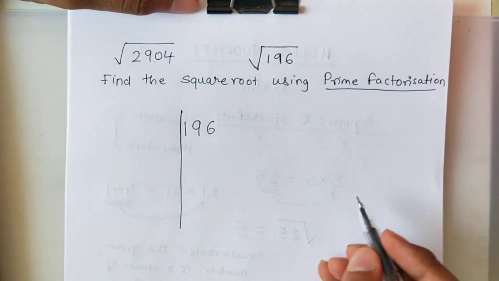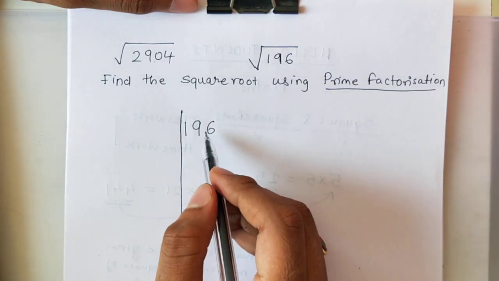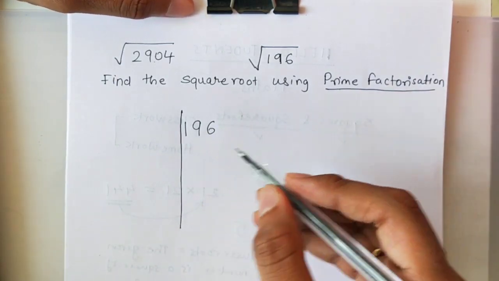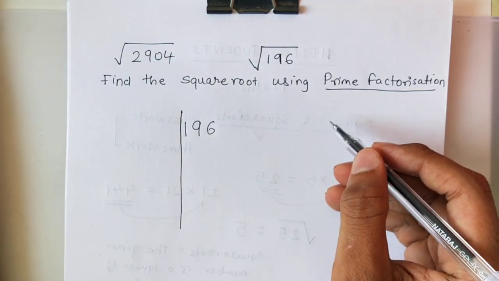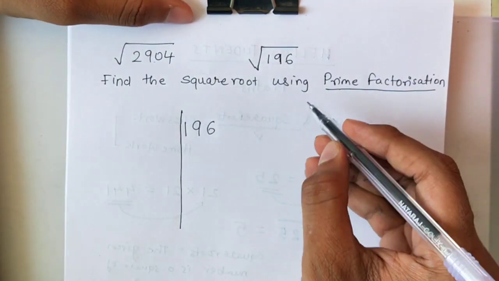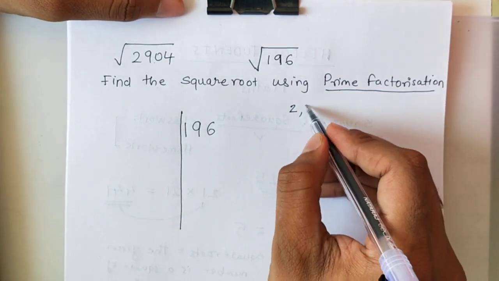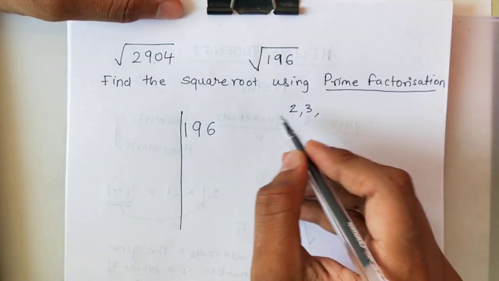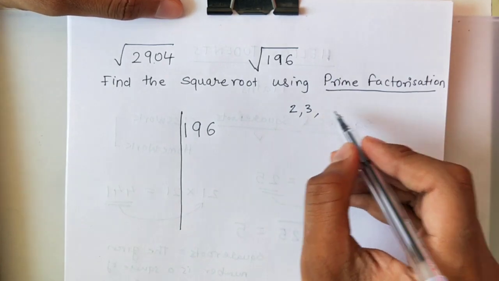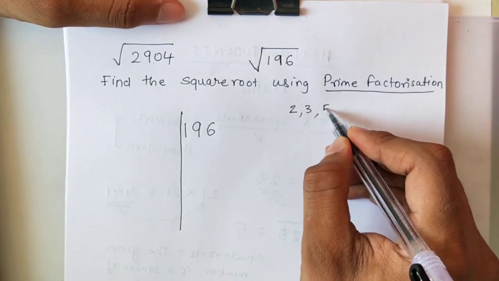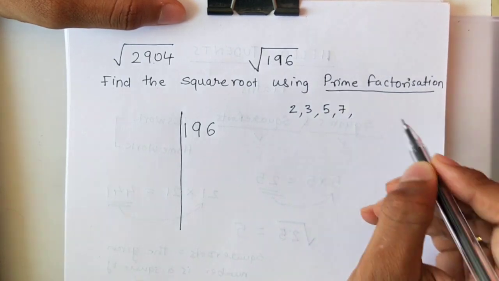Then see, prime factors. Always remember there is a sequence in which you will use the numbers. The first number which you must try is 2. Next 3. You must try the prime numbers. I'll give you a list of prime numbers here: 2, 3, the next prime number is 5, then 7.